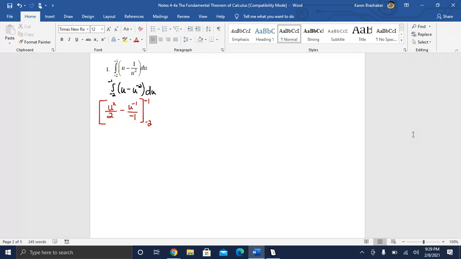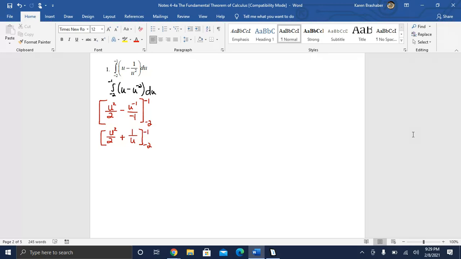Now, I like to usually take a step and simplify after doing the antiderivative. I also think when you're plugging in numbers, you do better if you avoid the negative exponents. So notice that a double negative, I made it positive. Then u to the -1 would be 1 over u. We're evaluating that from -2 to -1.